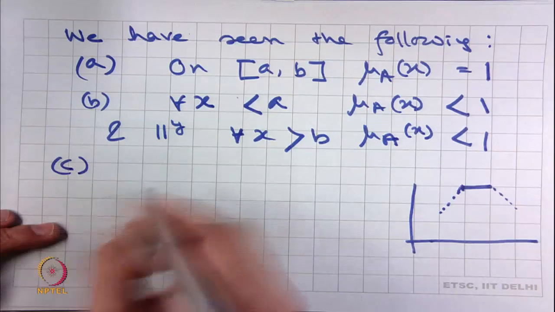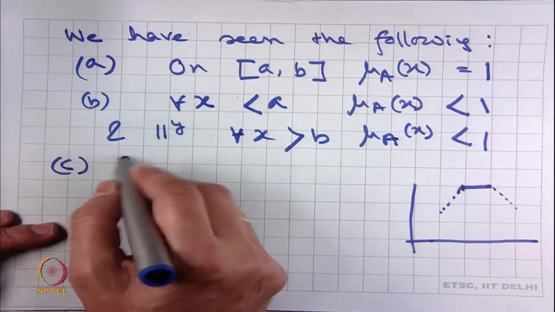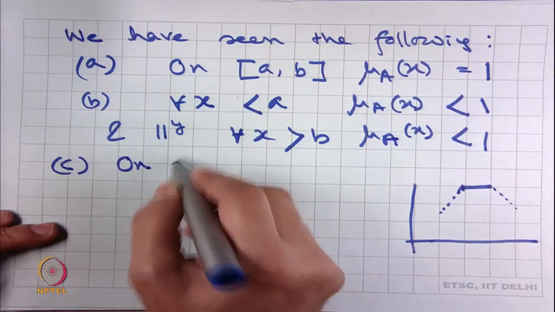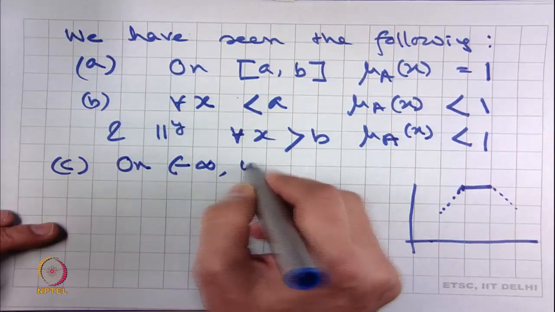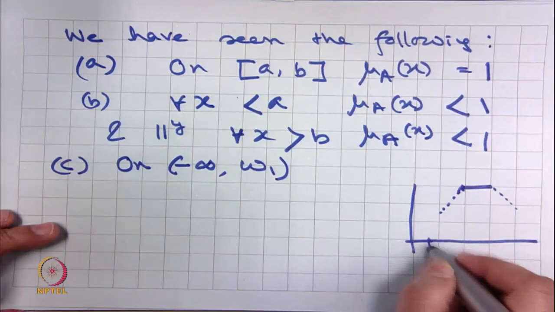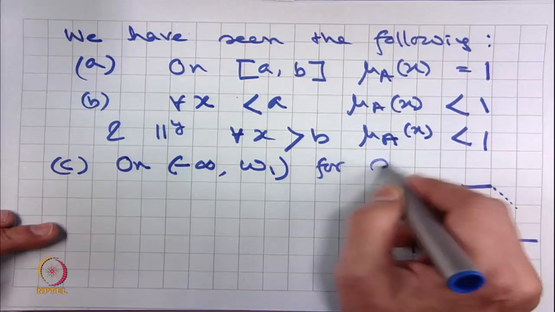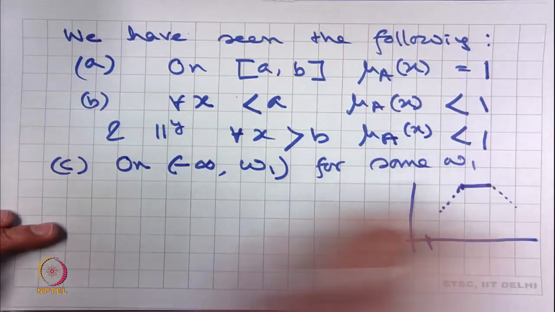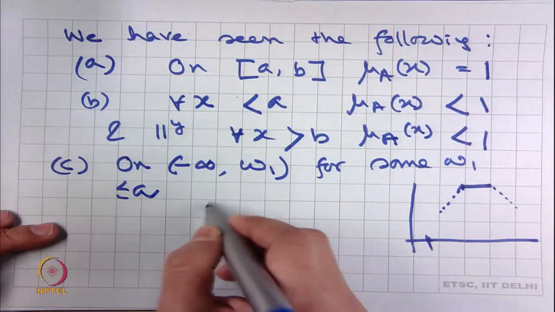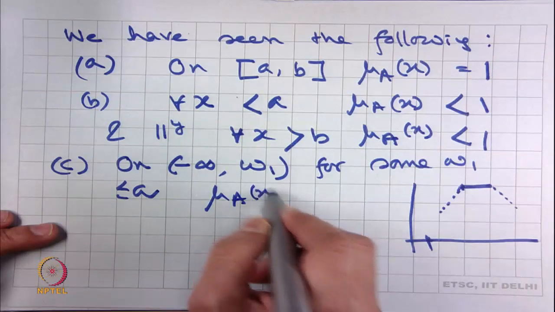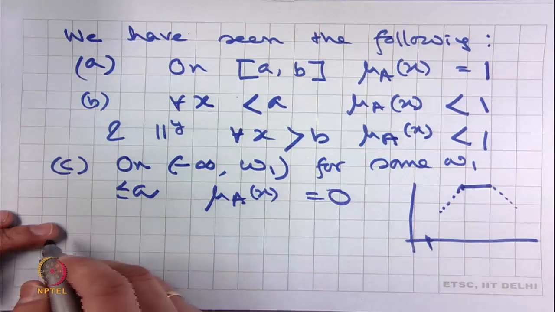We have seen that on minus infinity to w 1, for some w 1 less than or equal to A, mu A x is equal to 0.